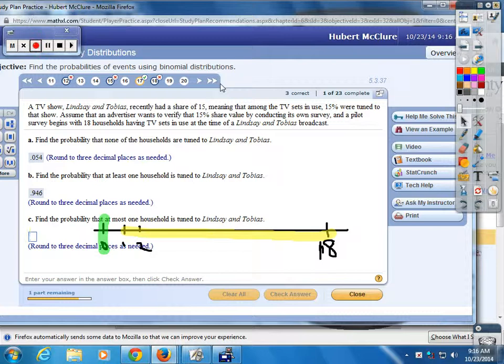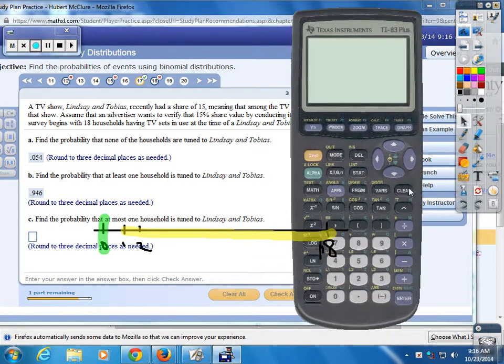The reason they stare at it is because they don't know what this means. At most means that the largest number is 1. So if the largest number is 1, then you're just going to take the probability of 0 and 1, and add them together. Well, we know the probability of 0, so we just got to type in the probability of 1.